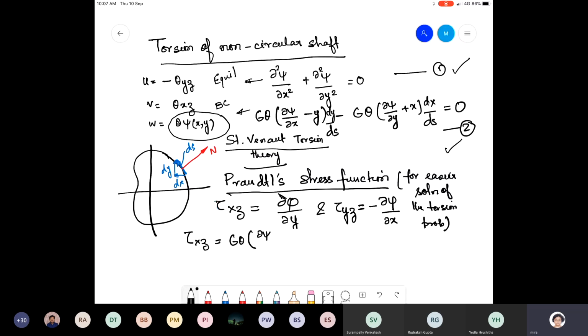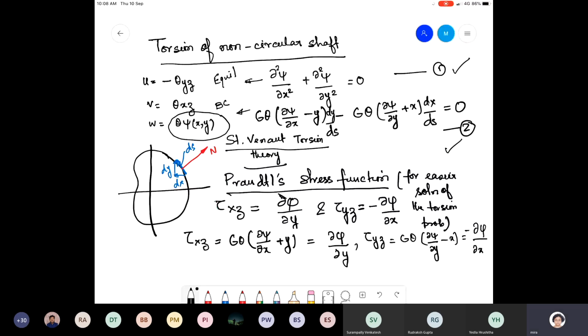Similarly, tau yz is equal to G theta times (del psi by del y minus x), and that is equal to minus del phi by del x.